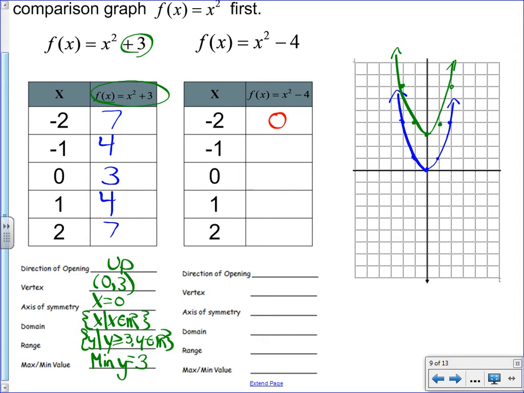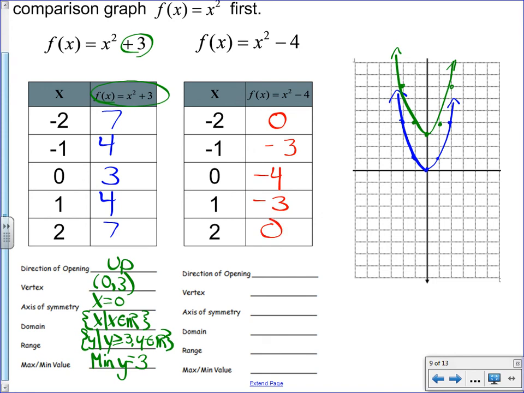Negative 1 squared gives me 1. So 1 minus 4 gives me negative 3. Good. Laura, f at 0, what do I get? Negative 4. Jericho, f at 1, what do I get? Zach, f at 2, what do I get?